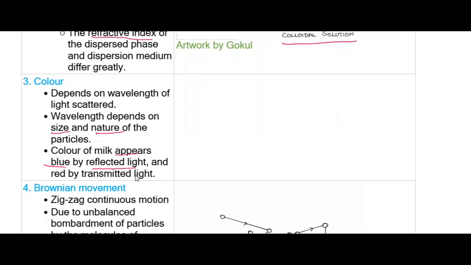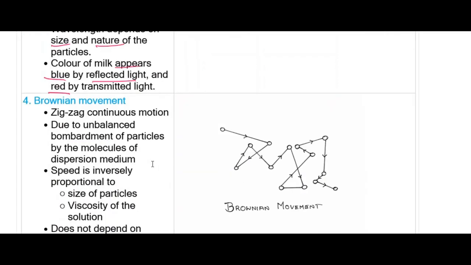When you look at the transmitted light, it appears red. When the light is passed, it is either reflected or transmitted. When you look at the transmitted angle, it appears red. When you look from this side, it appears blue. So it depends on the viewer's angle also. This is somewhat a unique behavior of colloidal particles.